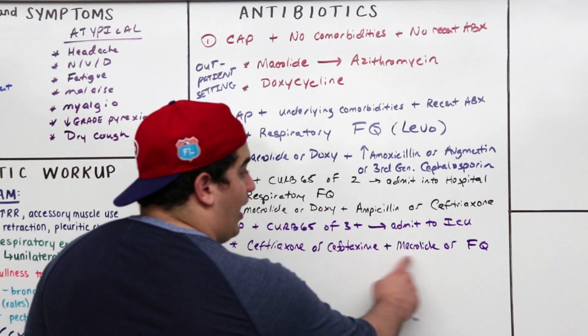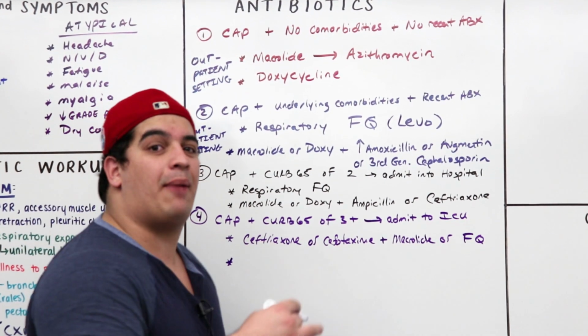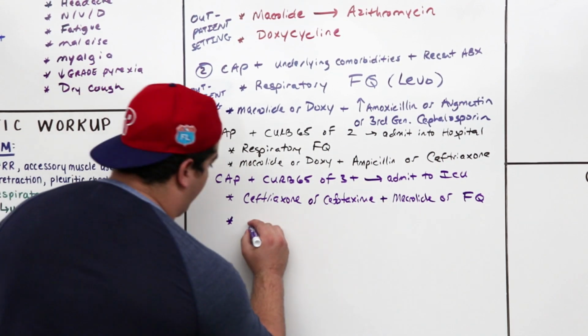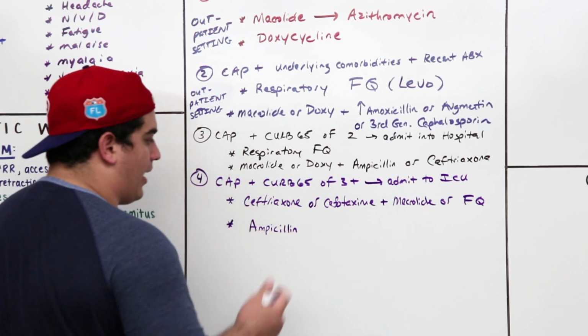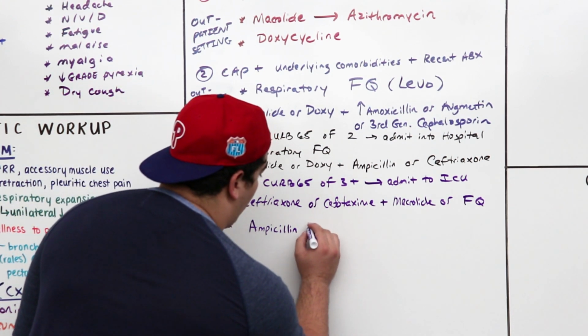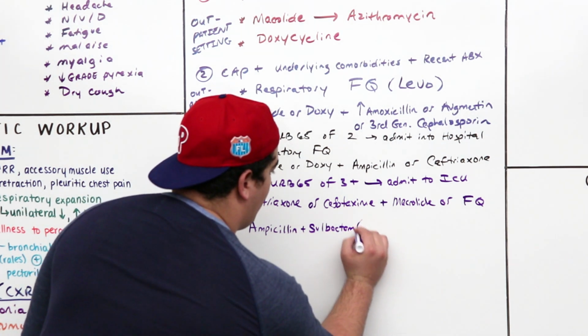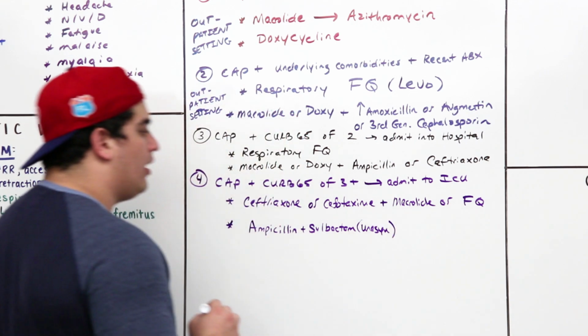We could do a macrolide or a fluoroquinolone, but we would do this with what's called ampicillin and sulbactam. It's also called Unasyn, so they give it another name. Ampicillin, that's again a penicillin antibiotic, right? Plus, we can give it with sulbactam, and sulbactam is just a beta-lactamase inhibitor. Together, we call that Unasyn, okay?